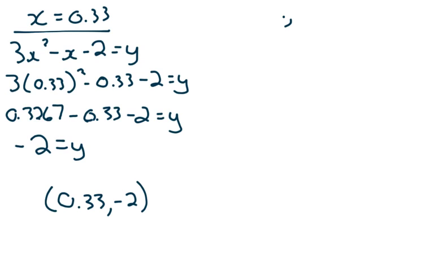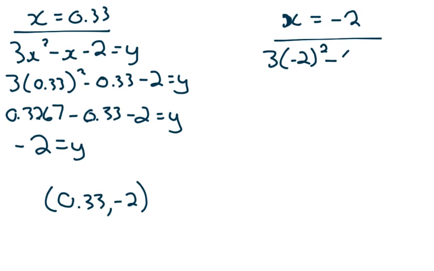Our second x value was at -2. Substitute into the equation. We have 3 times -2 squared minus -2. Yes, there are 2 negatives there. One from the equation, one from the 2.